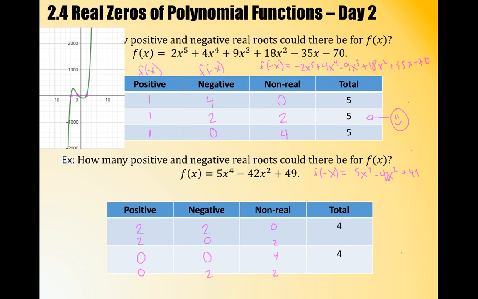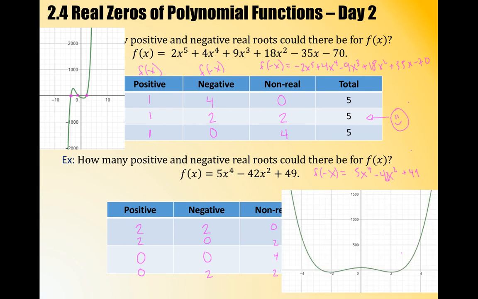Let's see what this one looks like. Two negative, two positive, right? It's that first one. And then we could go and use the rational root theorem and realize that, well, plus or minus 49, plus or minus 7, plus or minus 1, over plus or minus 5, plus or minus 1.